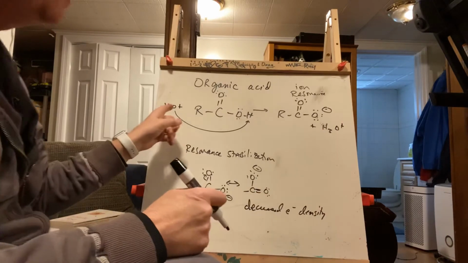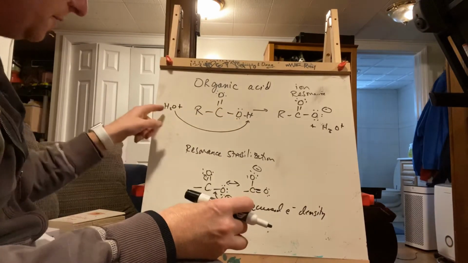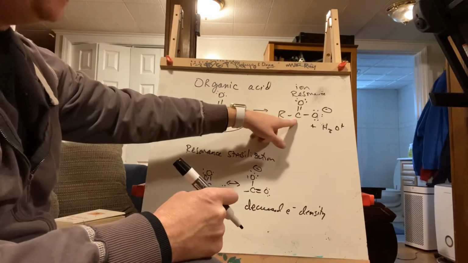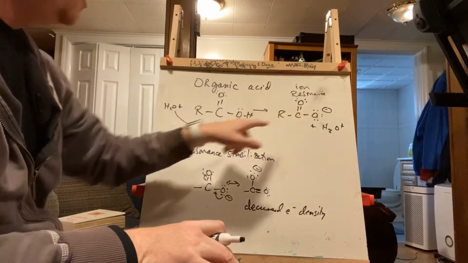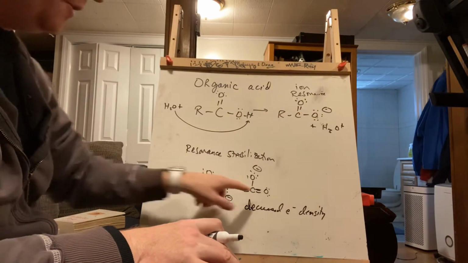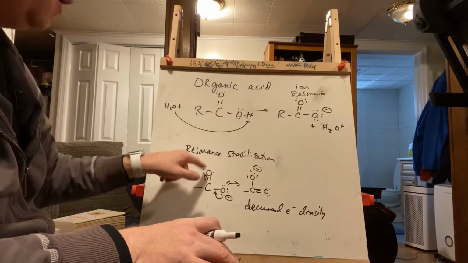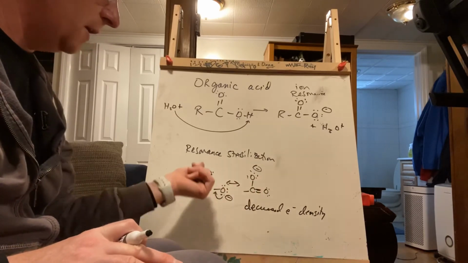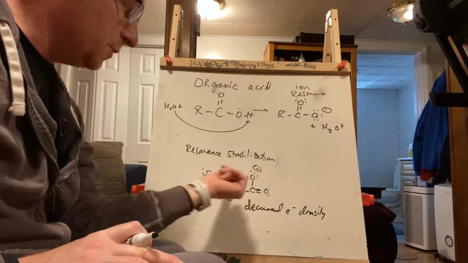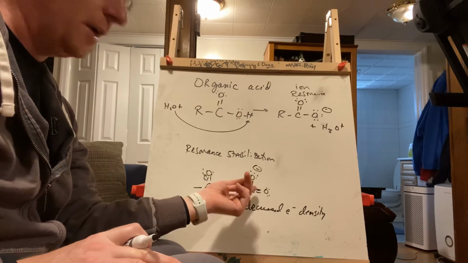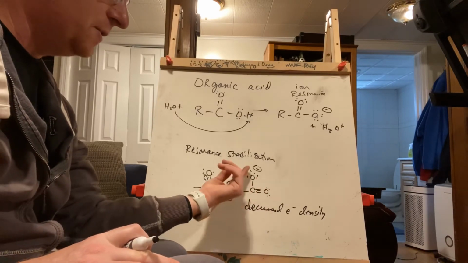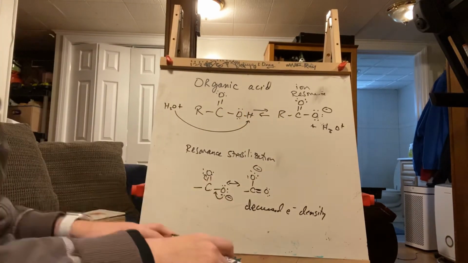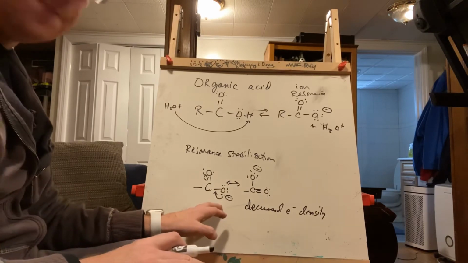It's mostly because when it does deprotonate and it drops this H over to H2O, that ion is not as likely to attract back an H and reform it, because the negative charge is spread out along the whole right side of the ion. There's almost no spot for the H to attract there. Now, it actually does attract and reform this. I mean, it is an equilibrium. It's a weak acid, but that's the reason why it's an acid.